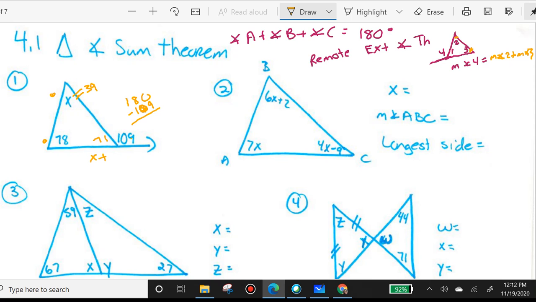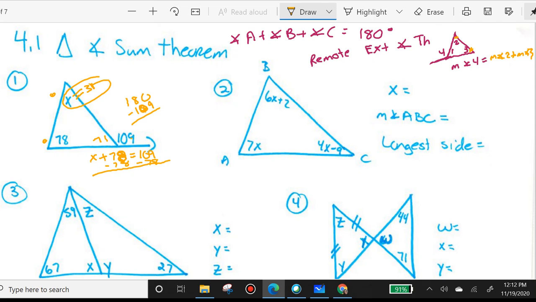So you could have done x plus 78 equals 109. And then you could just subtract the 78 and get our answer that way. So again, it's an option. Oh, I put 39. It's 31. Sorry about that, 31. So for this one, it's 31 degrees.